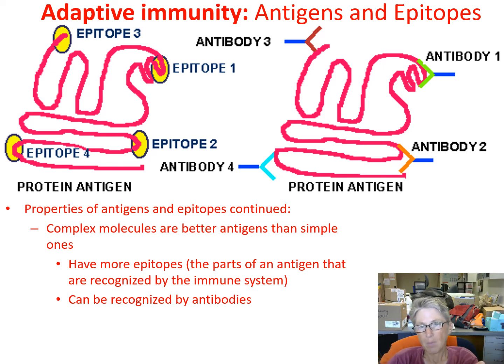Each of these antibodies, antibody 1, antibody 2, antibody 3, and antibody 4, only recognize those specific epitopes on the antigen. If you are a complex molecule, you make a better antigen than a simple molecule because complex molecules have more epitopes. And remember, the epitope is the part of an antigen that is recognized by the immune system cells.